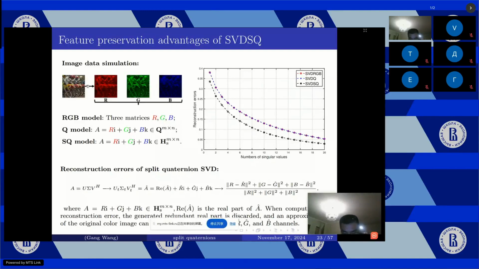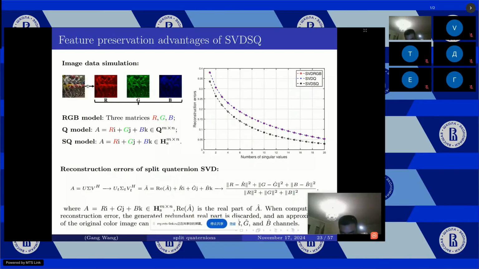We selected some of the largest singular values and their corresponding singular vectors for image reconstruction. To analyze the relative error, we compared the reconstructed images with the original images, broken down by RGB components.